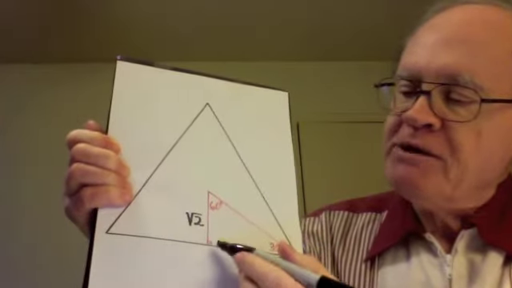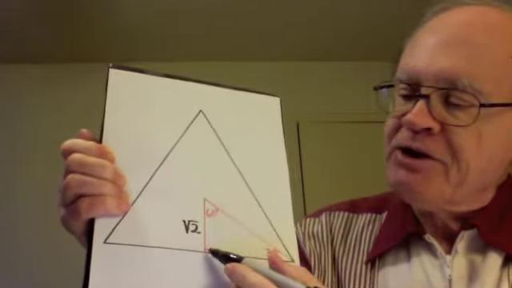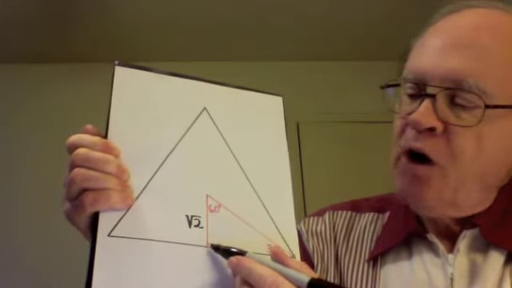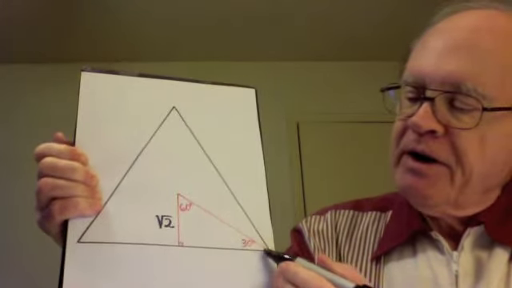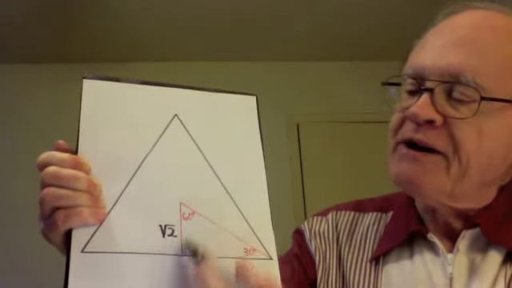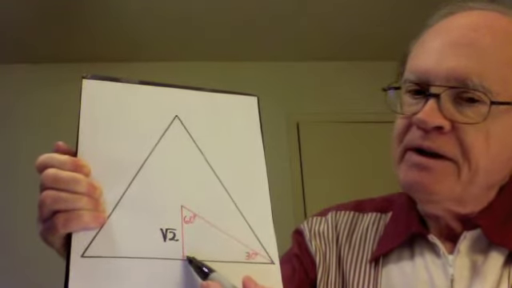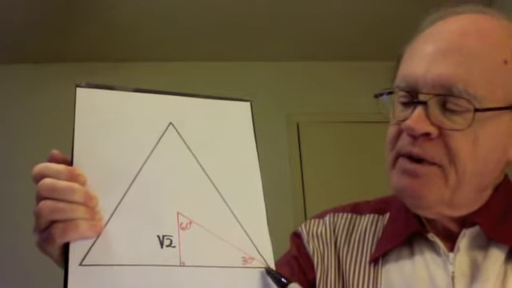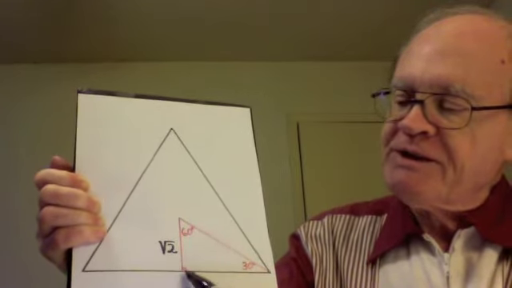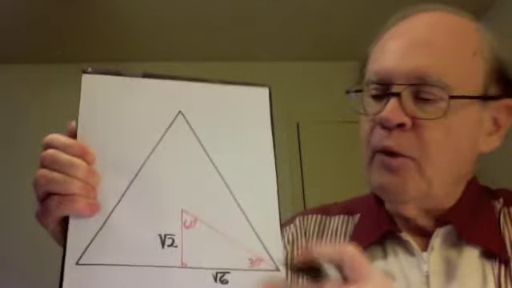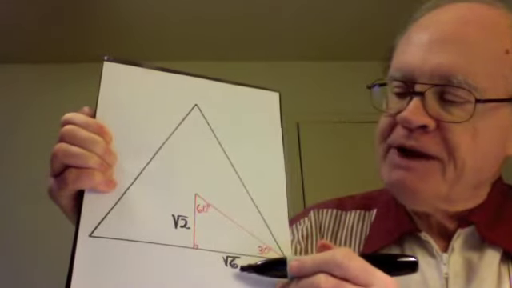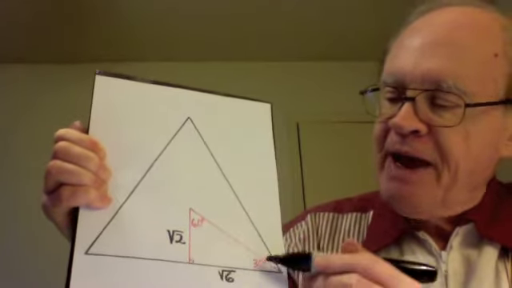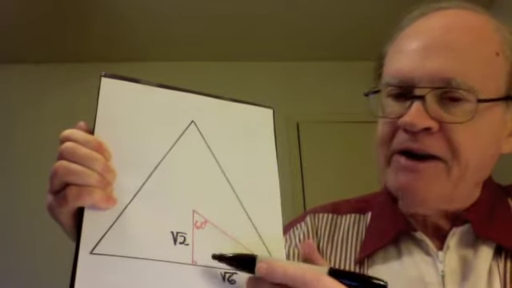And therefore, because of the 30-60 right triangle relationships, this longer leg from here to here is the shorter leg times the square root of 3. That's the square root of 2 times the square root of 3, which is the square root of 6. We can use the square root of 2 and the square root of 6 as the height and the base of this triangle and find its area.